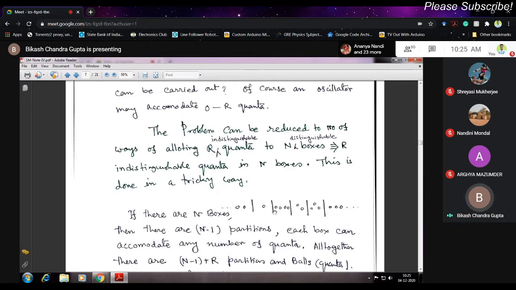Nandini, my remark is that these boxes are distinguishable. We know where the boxes are, but these quanta are not distinguishable. You cannot distinguish these quanta.